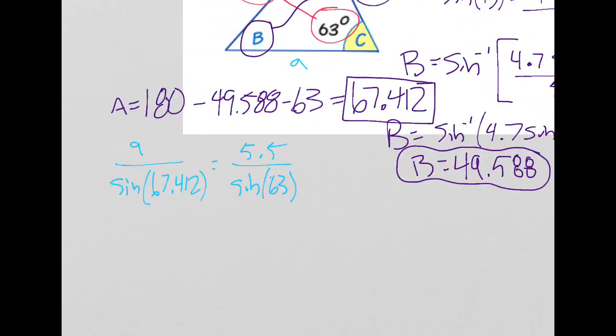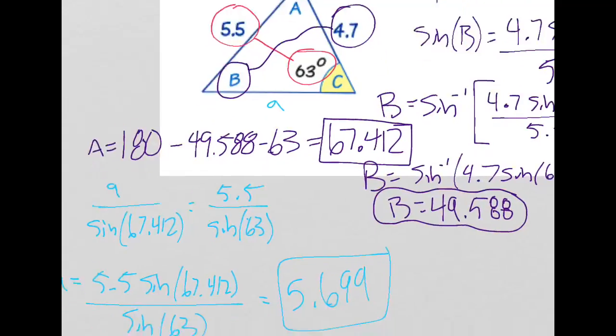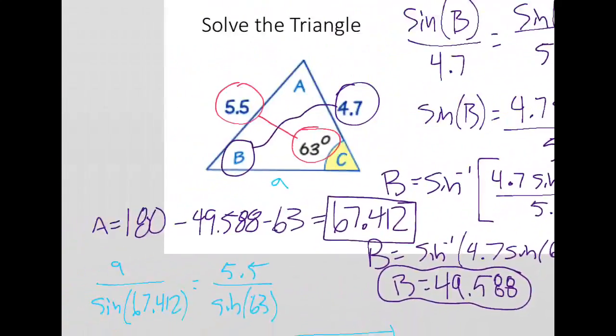Then we can rearrange that to get A equals 5.5 times the sine of 67.412 divided by the sine of 63, and crunch it in your calculator. You should find that A is 5.699, so we found all the sides and all the angles of that triangle, which means we have solved it.